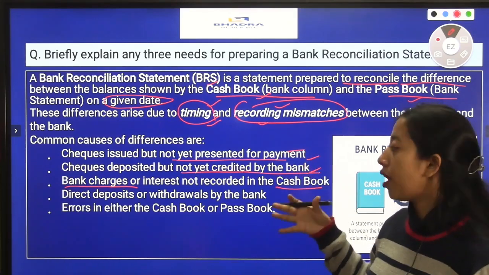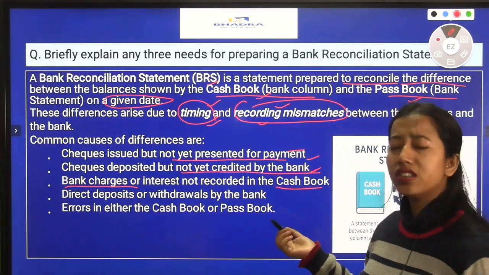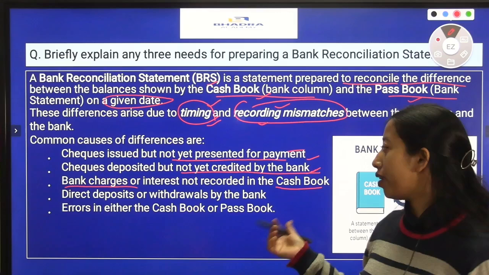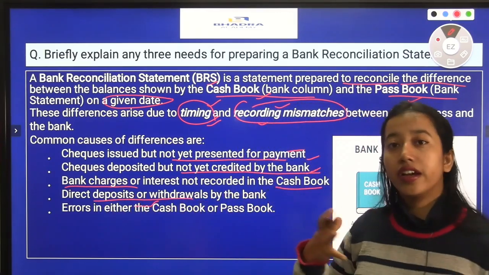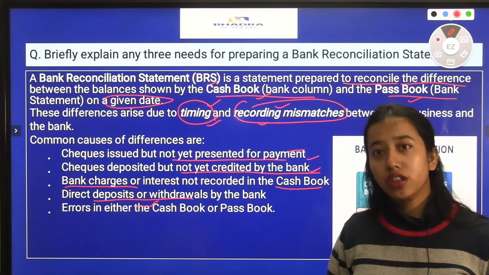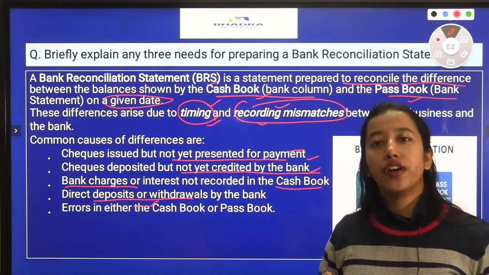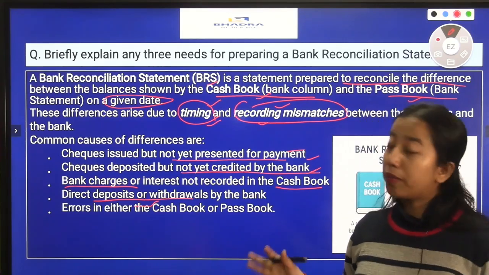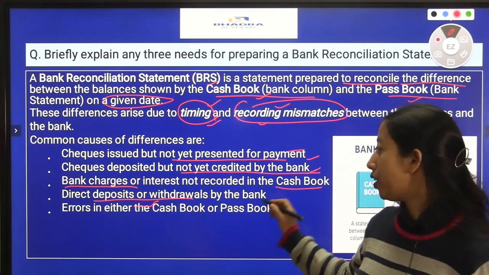Next is direct deposits or withdrawals by the bank. In certain cases, the business or the accountant is not aware of that transaction, so the accountant does not record it in the cash book, but the transaction is recorded in the passbook because the bank does it itself.